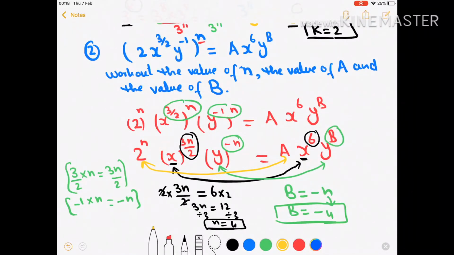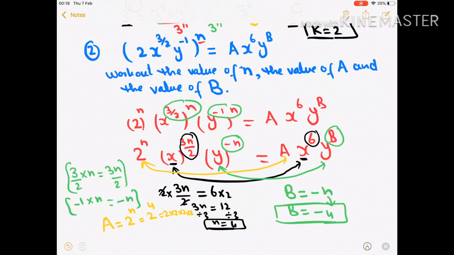So a equals 2 to the power n, because on the right side a is a constant and on the left side 2 to the power n is the constant. So a equals 2 to the power n, put the value of n, 4. So put 2 to the power 4 and simplify it. It will come 2 times 2 times 2 times 2, which is 16.